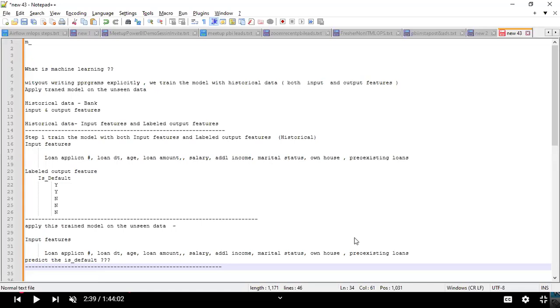Let's say somebody tells you a 2,000 square feet house in Chennai, Adyar costs this much. The output feature is your numerical column in that case. In this case, the label output feature, default, is a binary column.